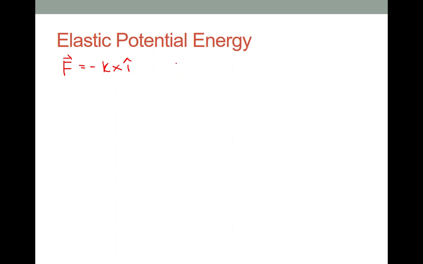Okay. If we now think about the work to go from A to B, this would be the integral of F dot dr from A to B, which will be negative kx dx evaluated from xa to xb, changing the limits similarly to how we changed them for finding gravitational potential energy.